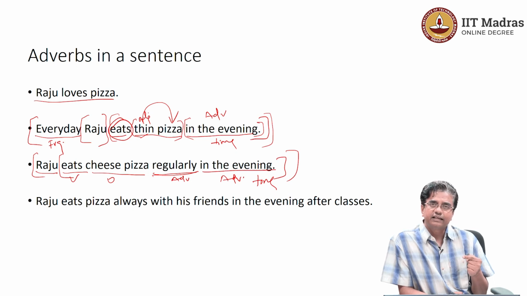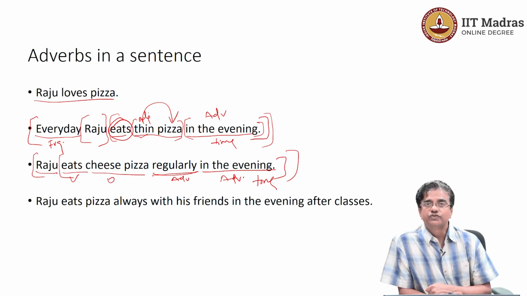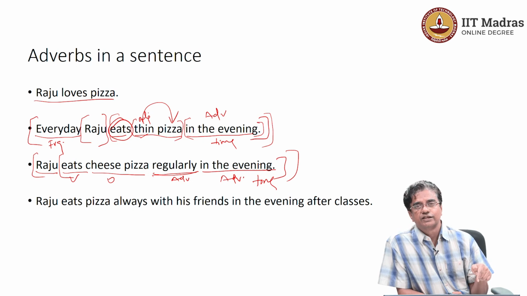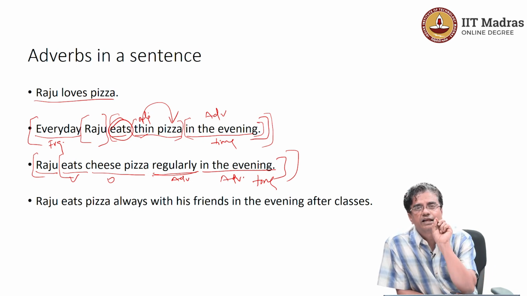More specifically, what is happening regularly? Eating cheese pizza. So, the object of the verb is part of the verb. So now it becomes a verb phrase. So, adverbs modify verb phrases, not just the verbal element alone.